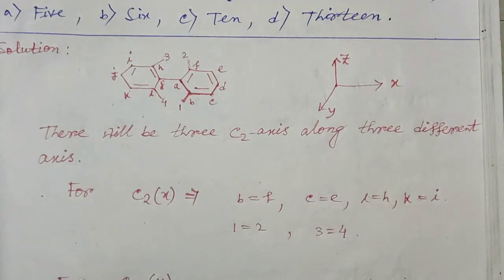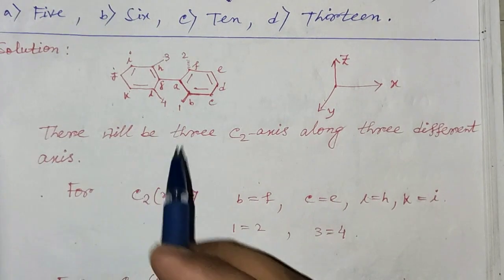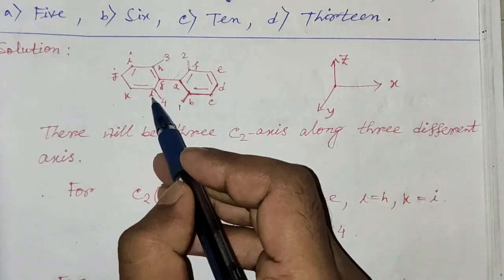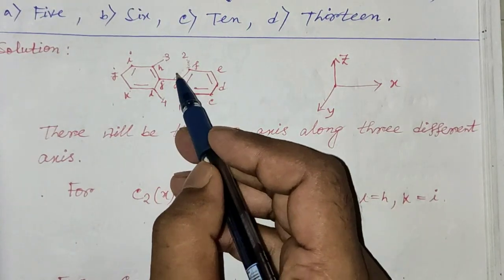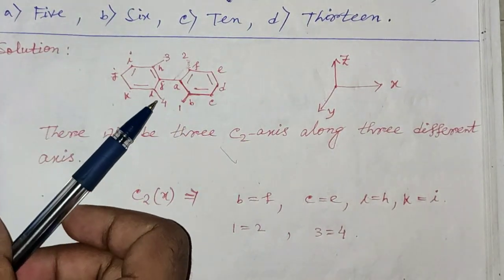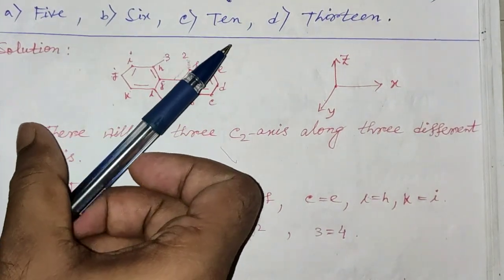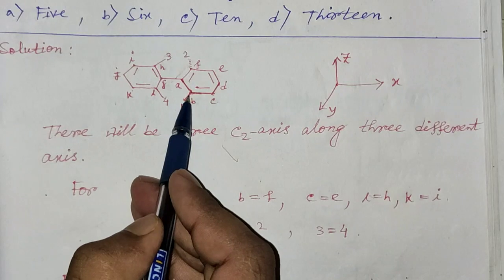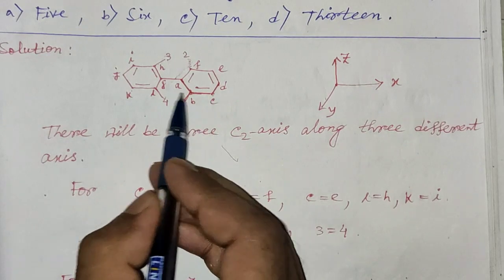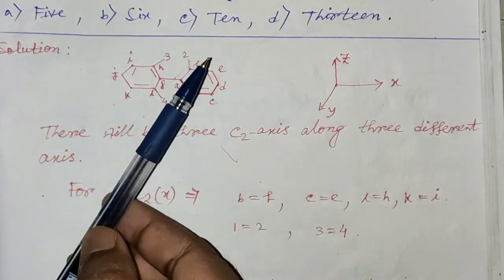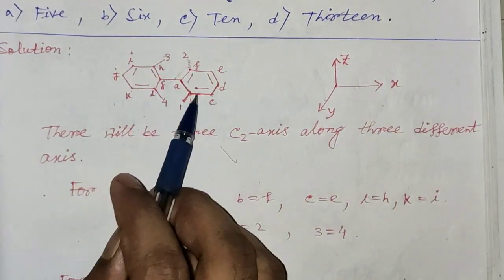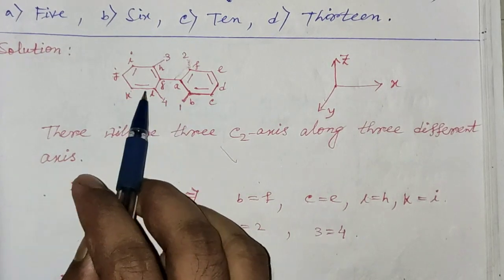Now if we imagine the C2y axis passing along the y axis, for the rotation along the y axis we will observe that this B carbon will be equivalent to this L carbon, this C carbon will be equivalent to K carbon, since the molecule is rotated along the y axis and it will go to this one, this carbon will go to this one, so they are equivalent.